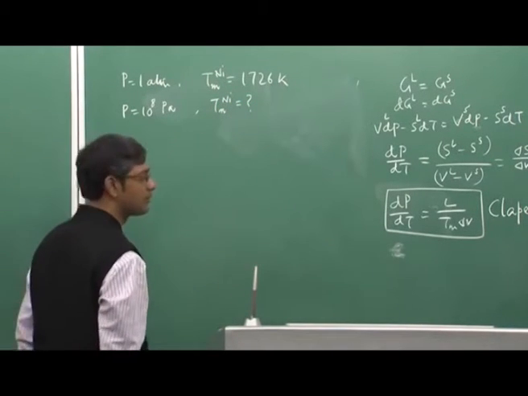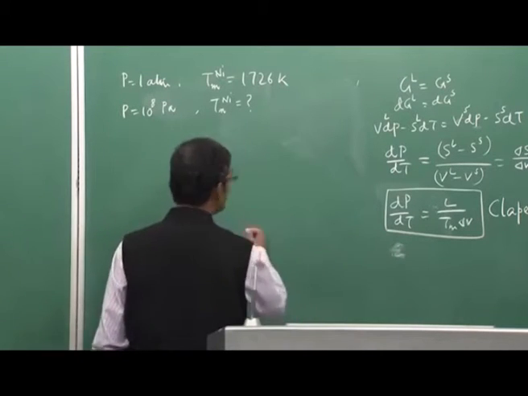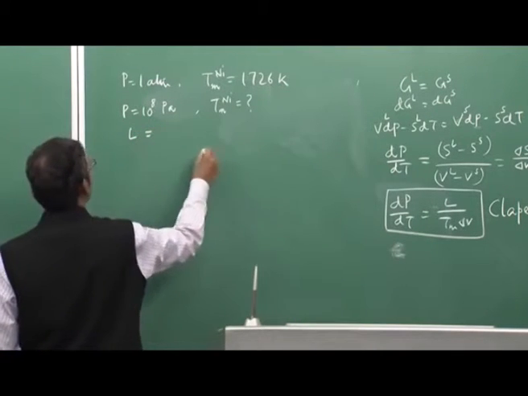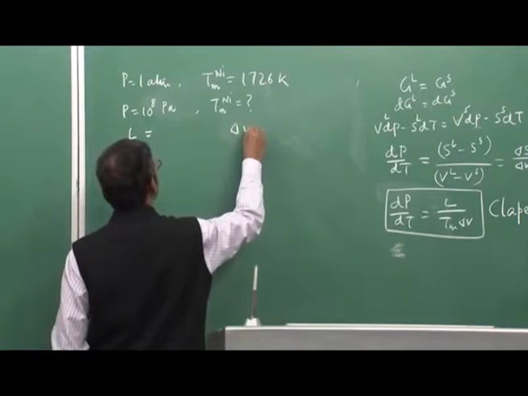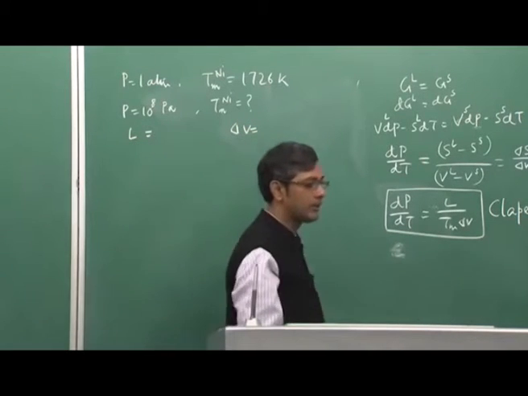You need certain values, and these values are actually latent heat and delta V. So what is the latent heat value given in this problem?